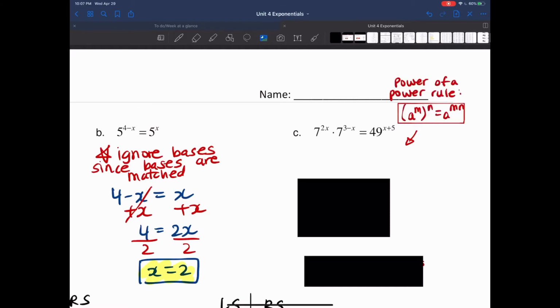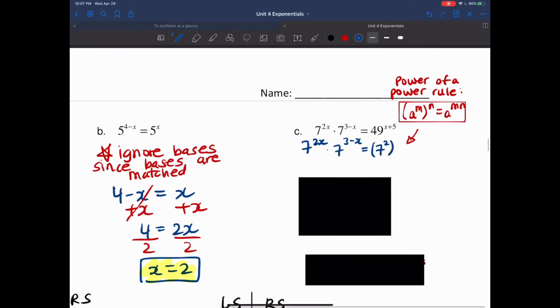So what I'm going to use is the power of a power rule to emphasize this. I'm just going to rewrite the 7 to the 2x times 7 to the 3 minus x. And then what I have is, well, 49 is 7 to the exponent 2. And so I'm just going to keep brackets here so I don't lose it.